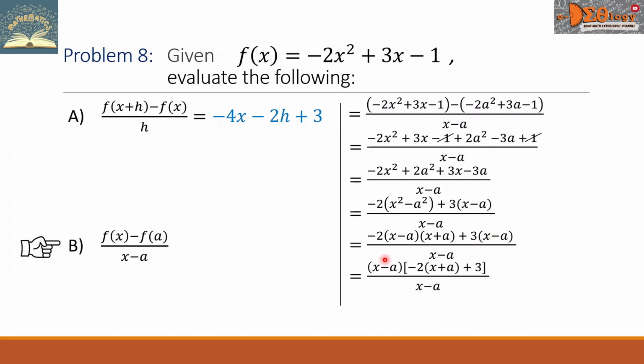So we can show that x minus a times the quantity, the first group is now negative 2 times x plus a, plus the second group, number 3. We can see here now the x minus a is common along with the denominator x minus a, and we can cancel it out. Finally, the answer is negative 2 times x plus a, then plus 3.